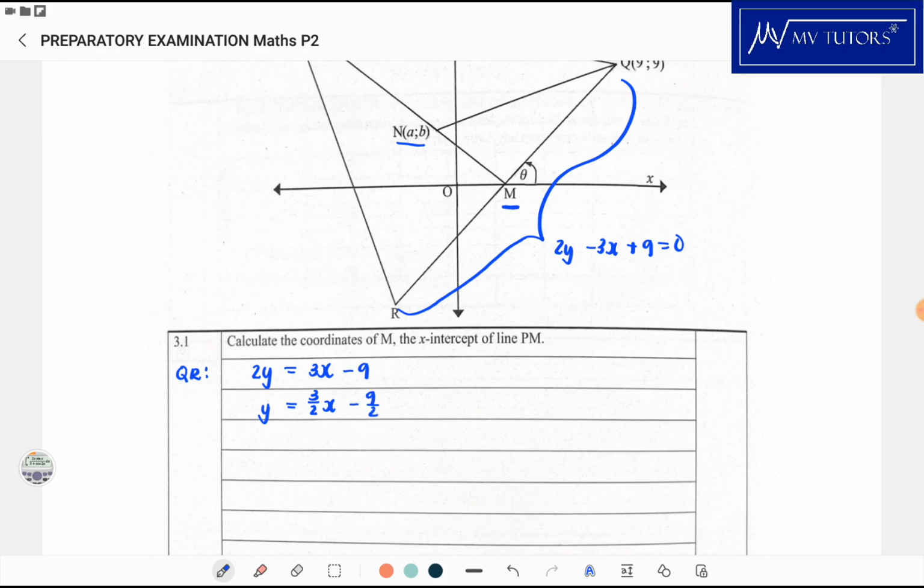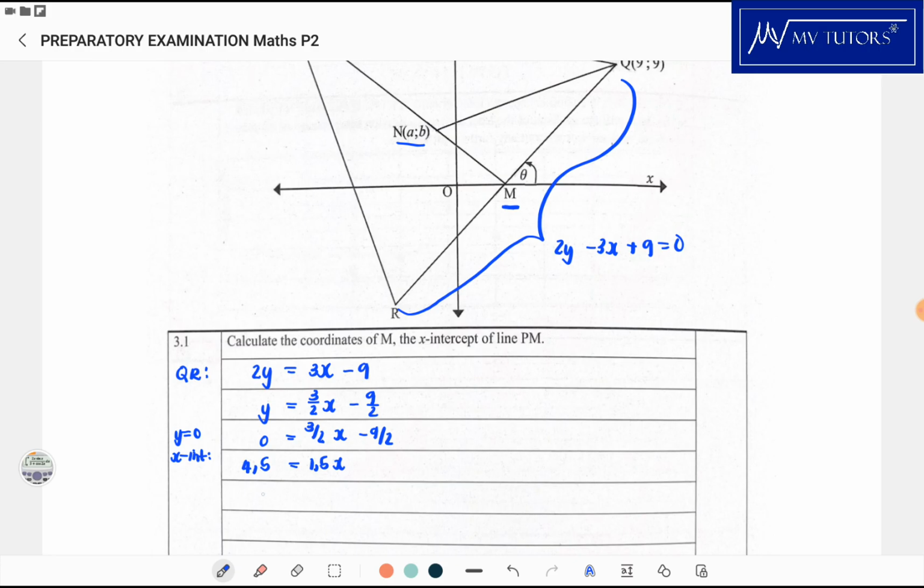If we're looking for the x-intercept, we know that y is 0. So we have 3 over 2x minus 9 over 2. If I take 9 over 2 to the other side, I'm just going to say 4.5. And 3 over 2 is 1.5x.